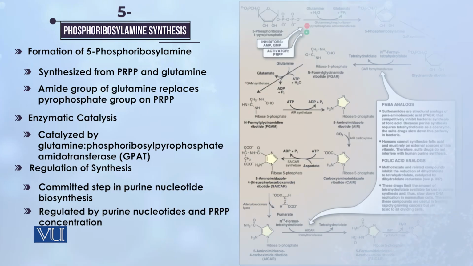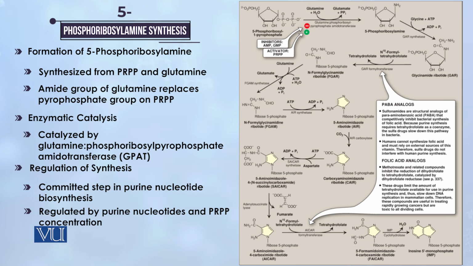Then there is the formation of 5-phosphoribosylamine. It's a very important rate limiting step in the synthesis of purine. What happens here is that the phosphate group is replaced by an amide group donated by glutamine.